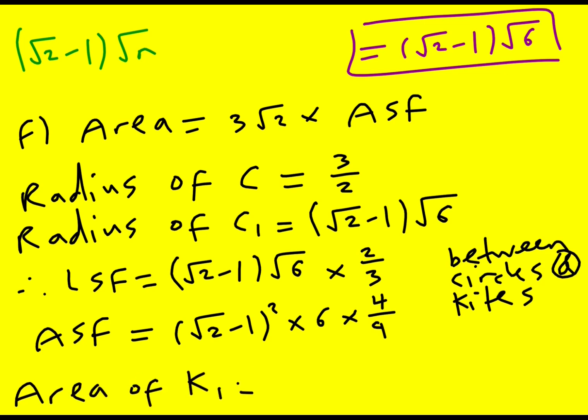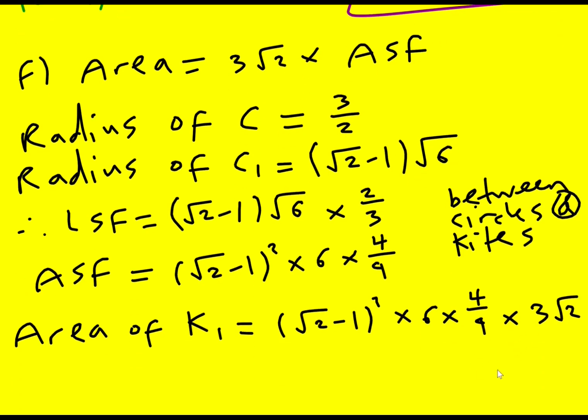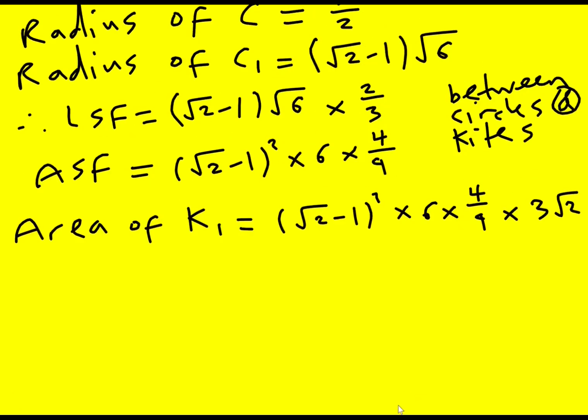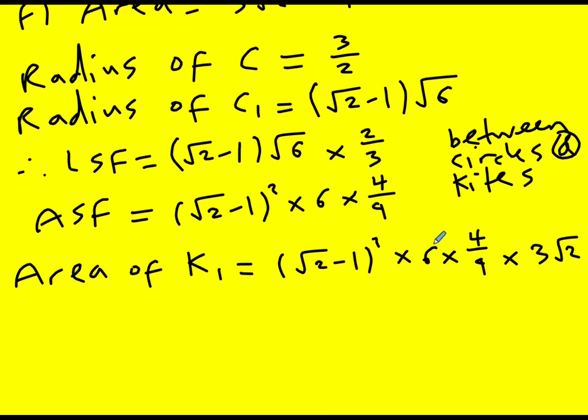And the area of K1 is going to be this area scale factor multiplied by 3/2. So we can partially cancel this down.